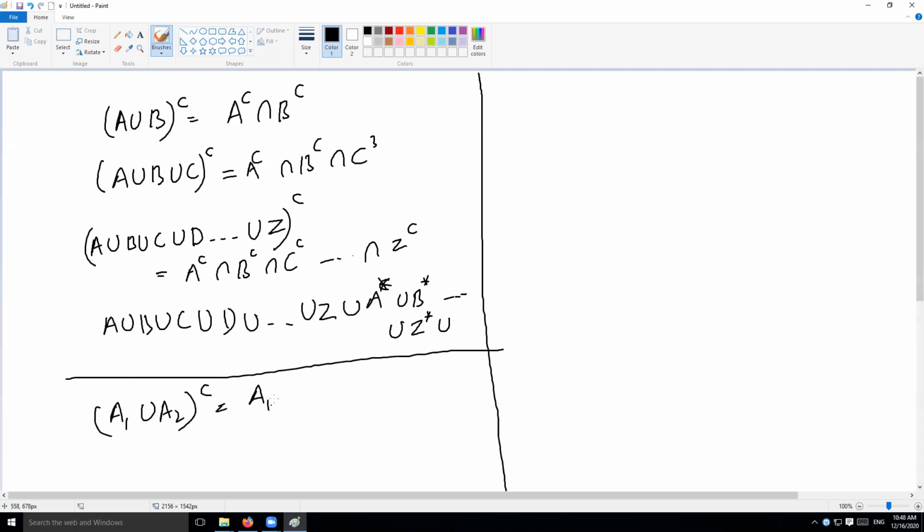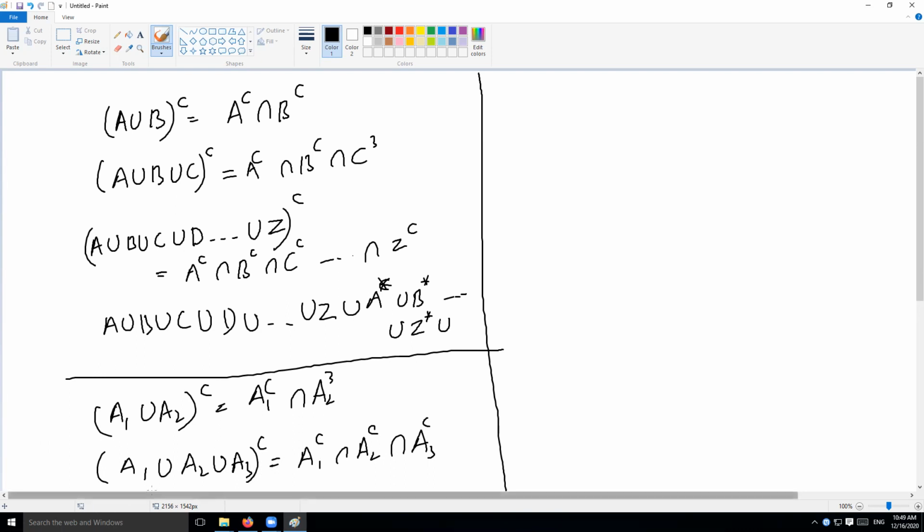The complement is going to be A1 complement intersection A2 complement. If you want to write three sets, you're going to say A1 union A2 union A3, and its complement is A1 complement intersection A2 complement intersection A3 complement, and so on and so forth. Now, you will not run out of natural numbers.